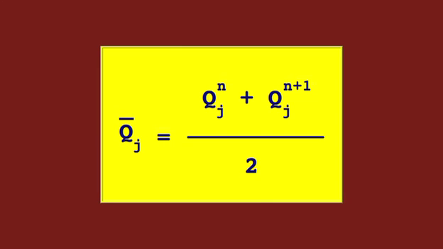For application to catchment routing, for which the first inflow is a hydrograph, the average inflow is defined in terms of average inflow and initial outflow.